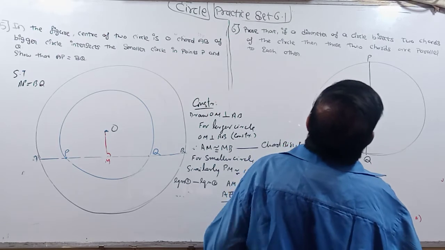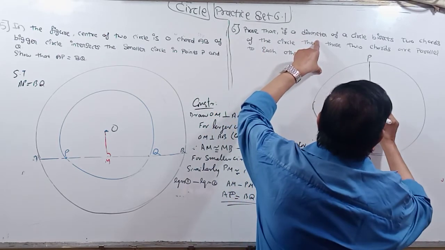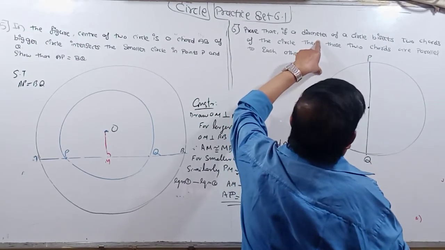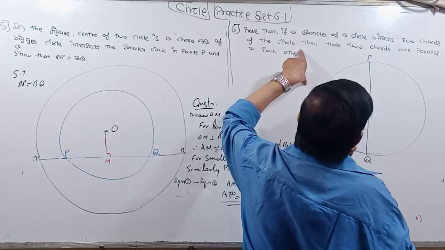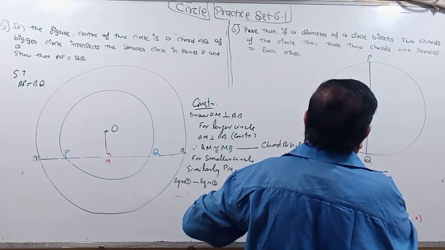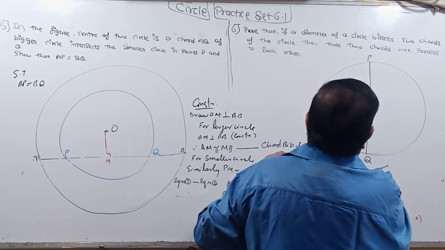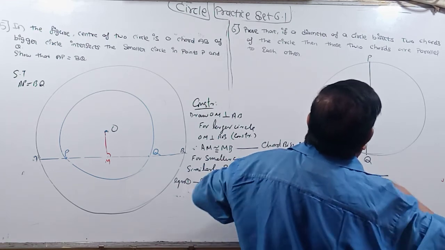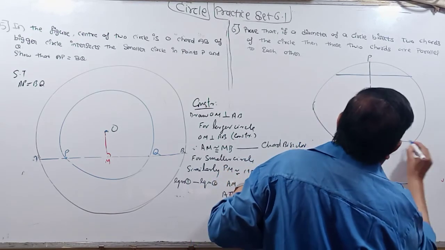Two chords are there. Therefore PQ is the diameter, bisecting two chords of the circle; then those two chords are parallel. So we will draw two chords here. दो कॉर्ड दिया है, एक कॉर्ड इधर भी है, एक कॉर्ड इधर भी है.